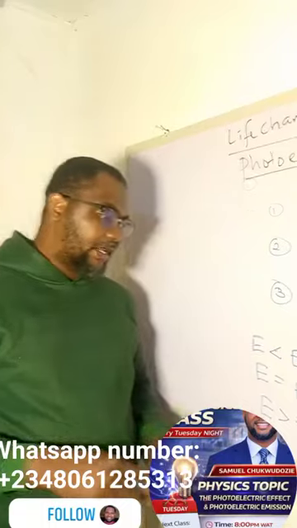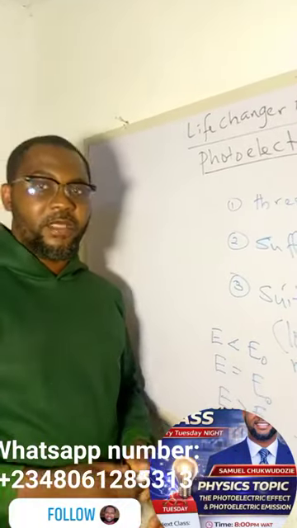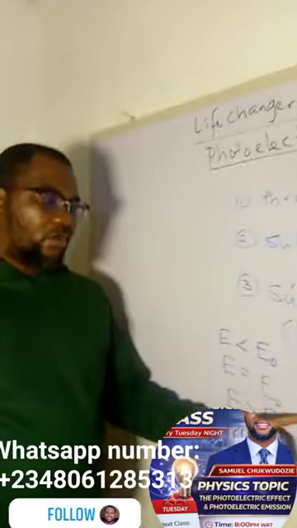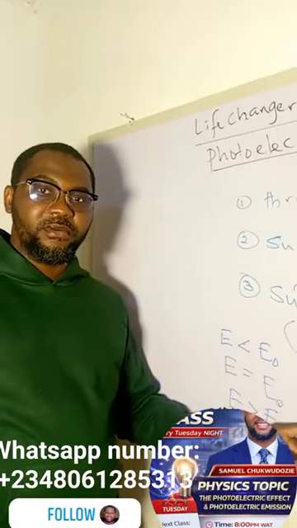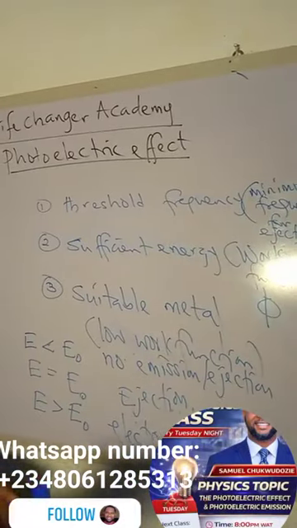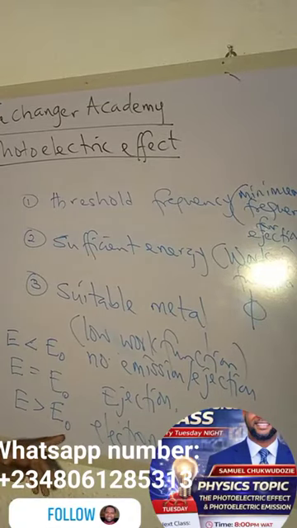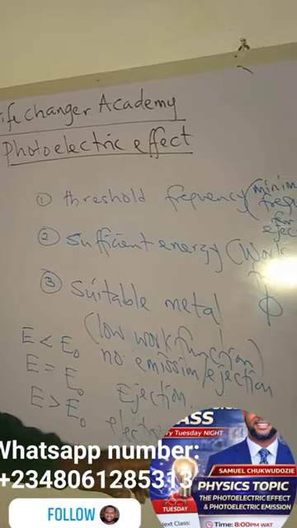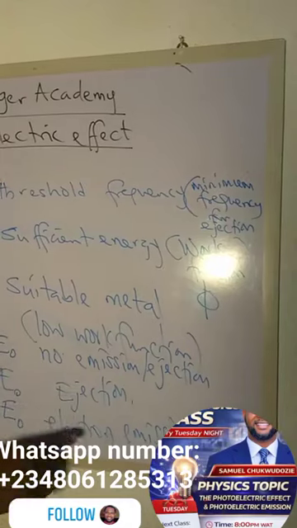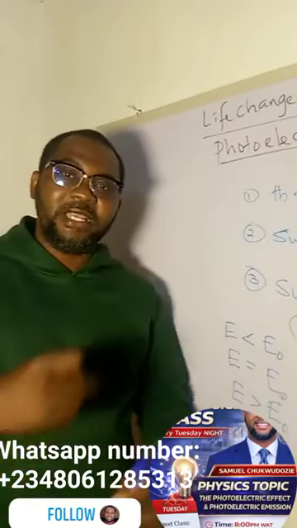Electron emission simply means that the electron now gains speed. When it was equal, what we had was ejection, meaning the electron has only enough energy to shift from the surface of the metal. But when it is greater than the work function, what we now have is emission of the electron. That means the electron not only shifts, but it will gain kinetic energy, which means it will gain speed.